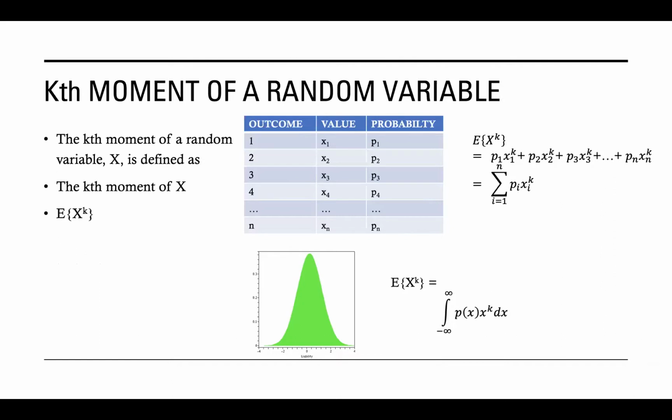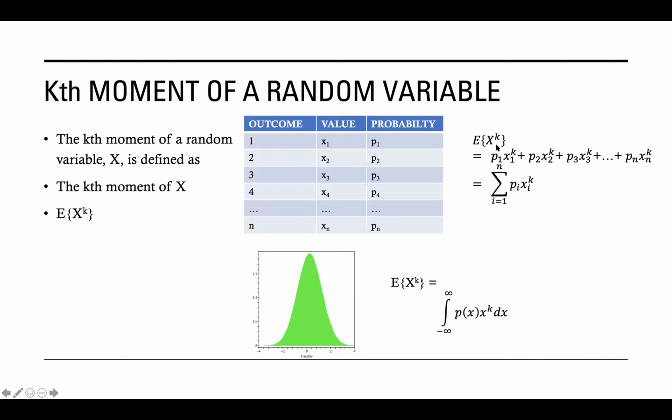Well, actually, first we'll introduce even higher order moments, because you'll hear people say them. What is a higher order moment? A higher order moment is something beyond the second moment. It is the kth moment of a random variable, where k can be any number, so 3, 4, 5, whatever. And that's just defined as the expectation of x to the k.